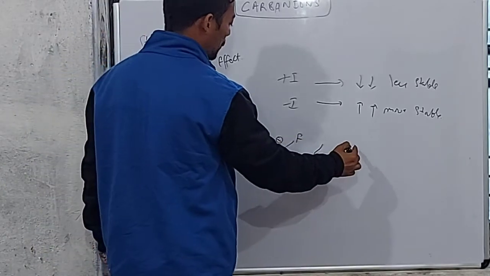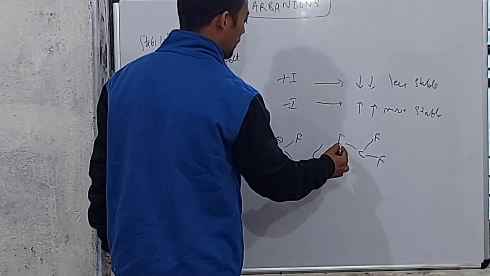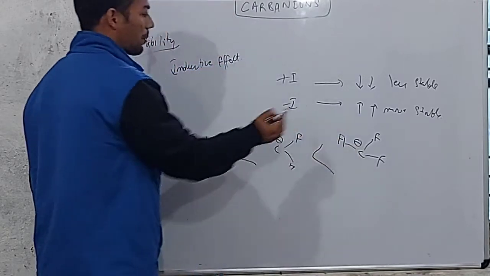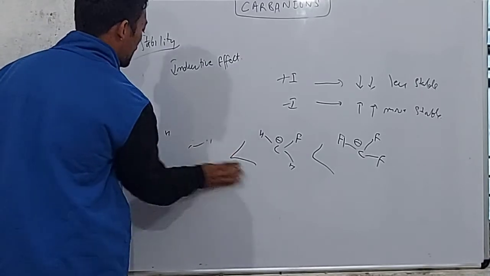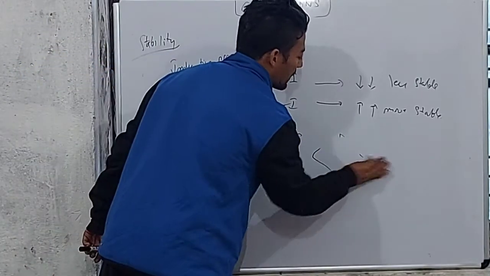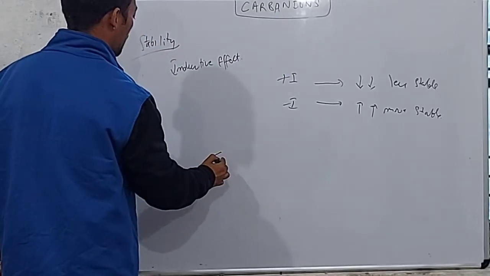Further, if we have two fluorine atoms attached to this carbon, we will get a more stable carbanion because of the negative I effect. But suppose we have a positive I effect.